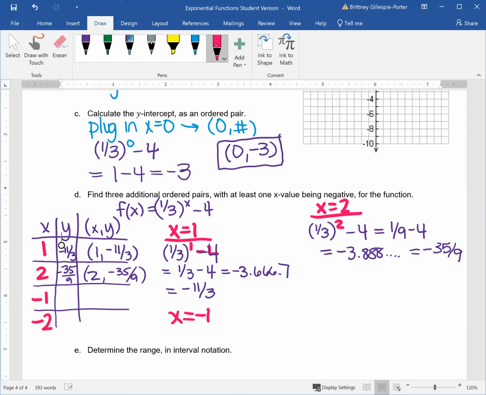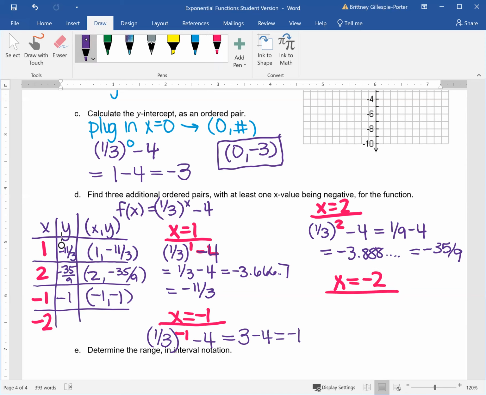Let's figure out what happens when x is equal to -1. We would have 1/3 to the -1 minus 4. When you take 1/3 to the -1, that becomes 3 minus 4 gets us -1. So we have the ordered pair -1, -1. And then let's see what happens when x is equal to -2.